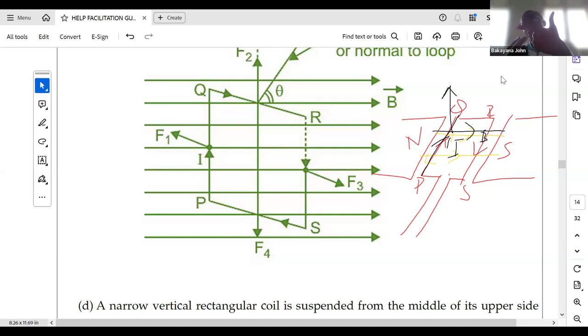The field and the current meeting at 90 degrees, automatically a force is generated. So when we consider the rectangular coil here, we shall see that on the side PQ, we shall have an upward force being exerted, whereas the opposite side, which is RS, we have a downward force which is exerted.